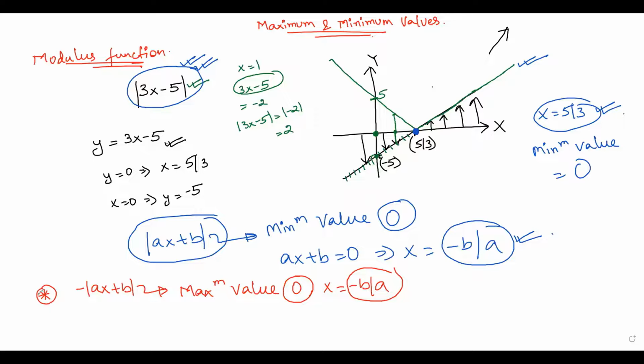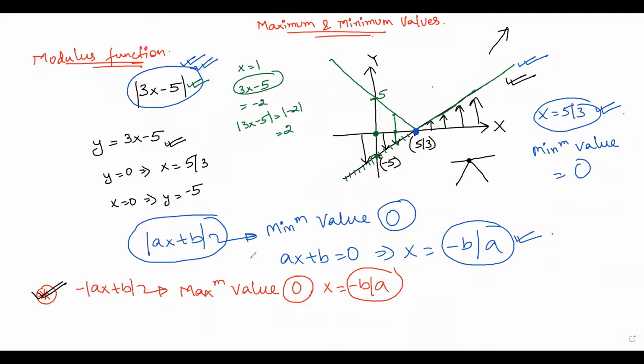In a similar way, if the modulus function is of the form -|ax + b|, in that case the graph would be the mirror image of this graph, that is something like this. So in that case, this modulus function will always attain a value which would be less than or equal to 0.